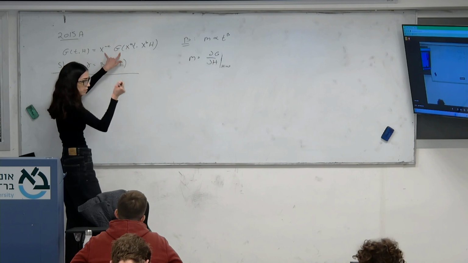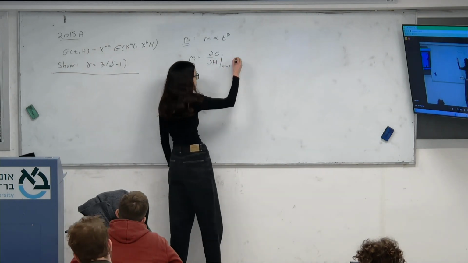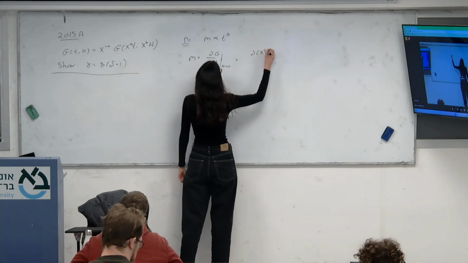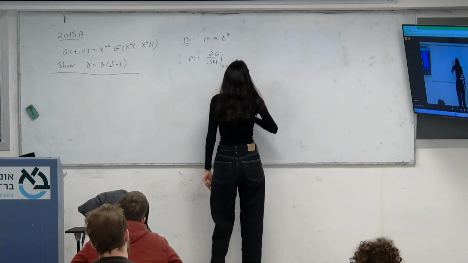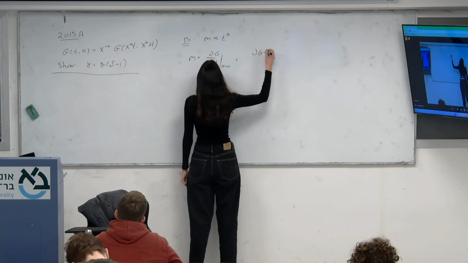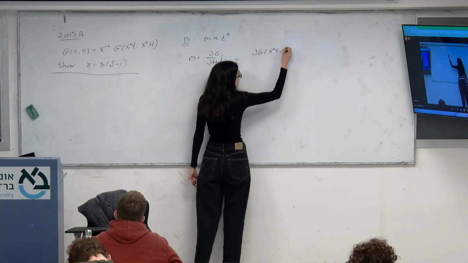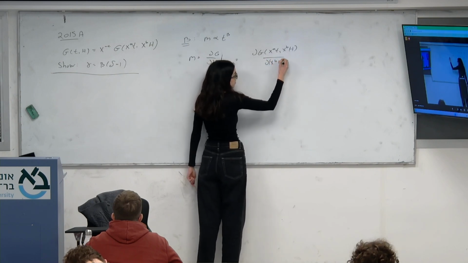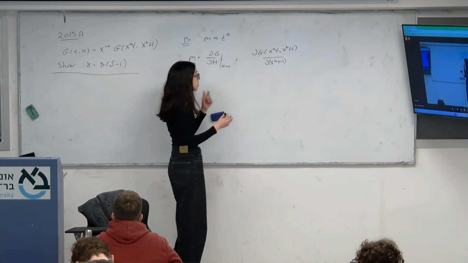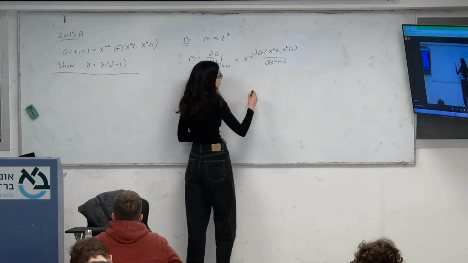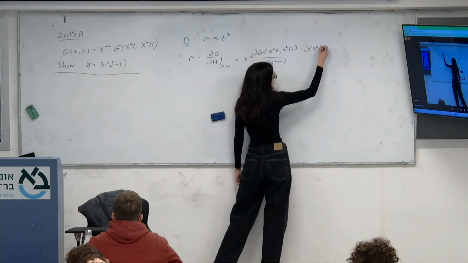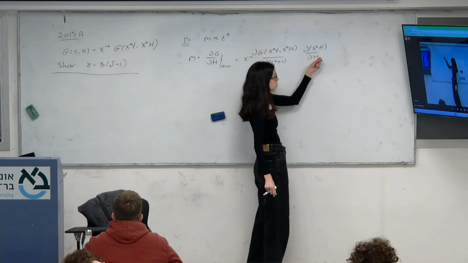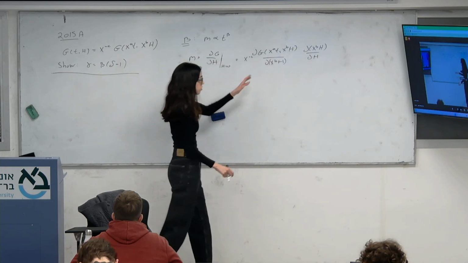So what we do is just the derivative by parts. So instead of taking the derivative over H, we take the derivative of G of x^a t, x^b h with respect to x^b h, multiplied by the derivative of x^b h over dh. So this is just the derivative by parts, you know.